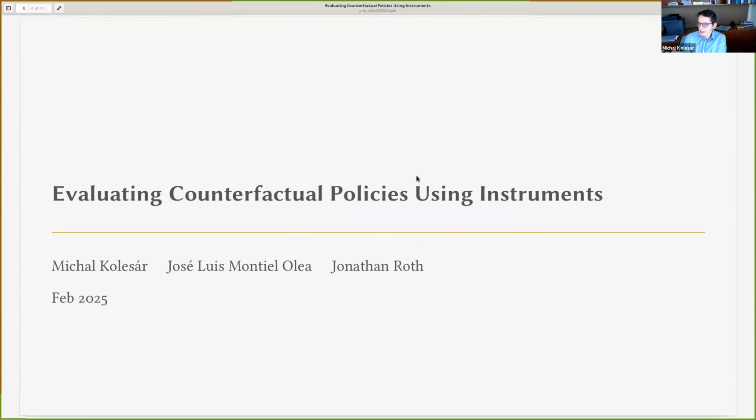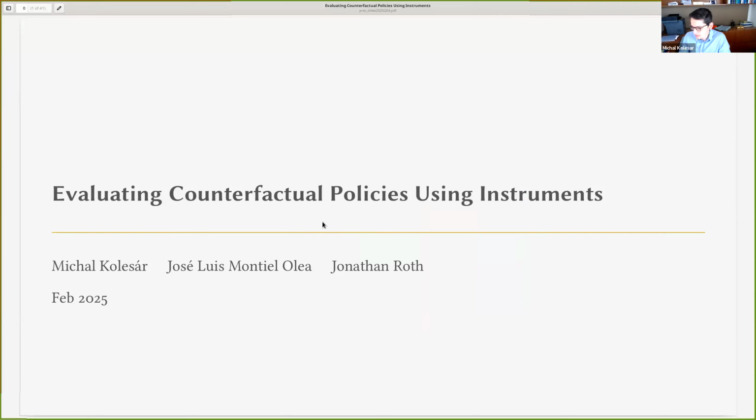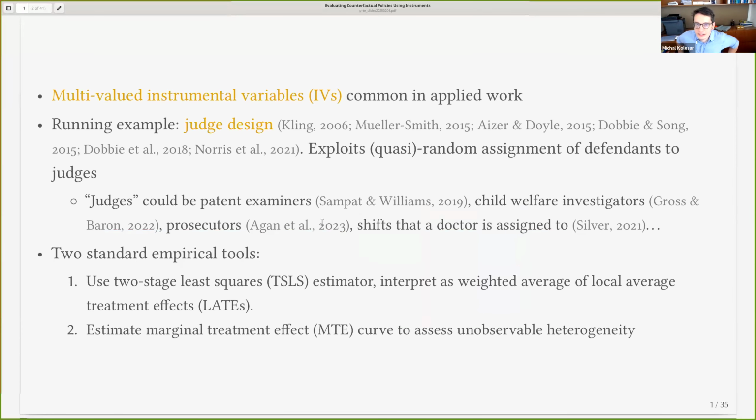So this project is called Evaluating Counterfactual Policies Using Instruments. The motivation for this talk is the fact that often in applied economics, people use instrumental variables, and one of the most popular applications these days is the so-called judge design, where people exploit the fact that the judge you're assigned to is essentially random.